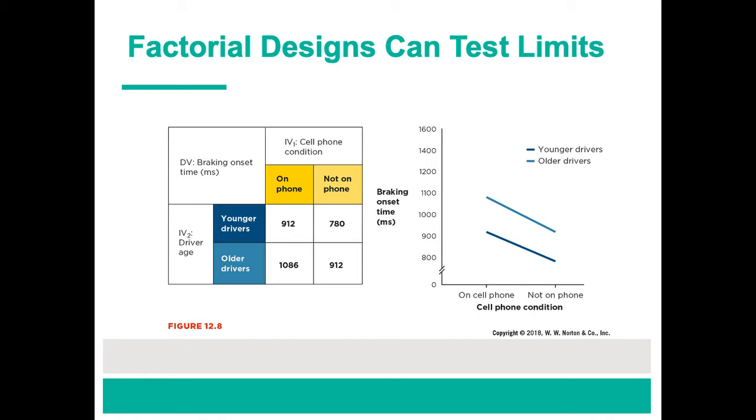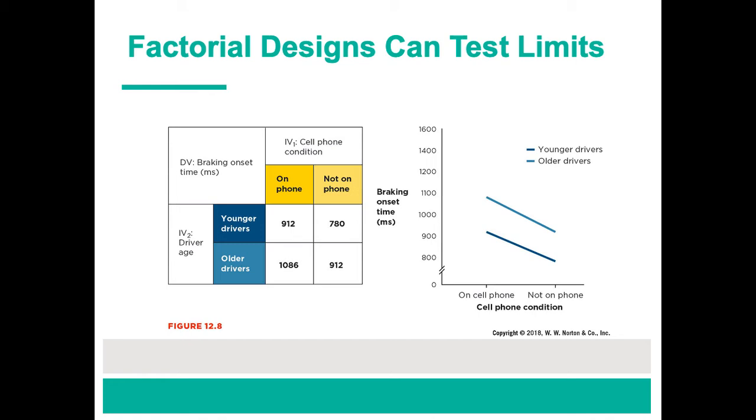In this case, it didn't seem to be significantly an interaction, and you see there the means in the boxes and the lines describing those means, the cell means. And you see, even though in this case older drivers were slightly slower on the brake and slightly slower when on the phone, the pattern held the same for younger and older, right?